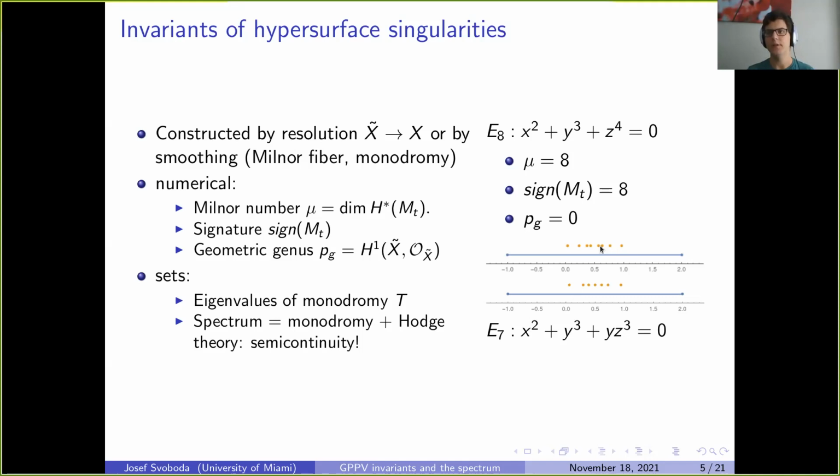The theorem states that if you take any interval of length 1, like from -0.5 to 0.5, then the number of elements of the spectrum of E8 is always greater than or equal to the number of elements of E7. This holds for any interval which is open or closed on one side, and in some cases it also works for closed intervals. In this case it works for all intervals of length 1.